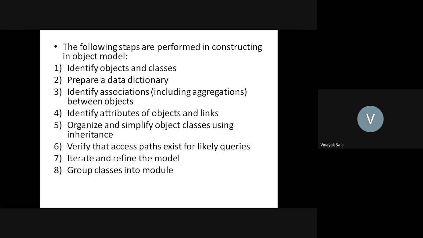So there are 8 steps. The object oriented model is performed throughout the 8 steps. First is identify objects and classes. Prepare a data dictionary. Identify associations, including aggregations between objects.